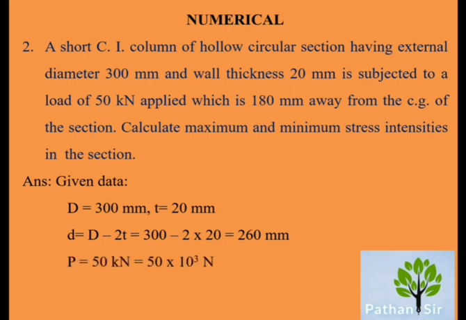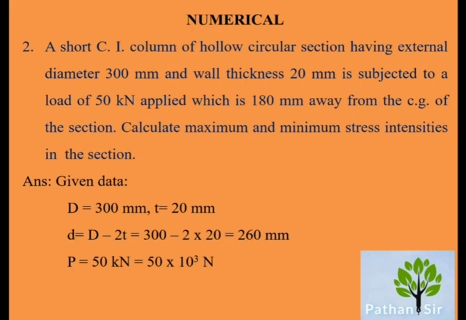Load is given as 50 kilonewton. So we will convert load into Newton. If load is given in kilonewton, multiplied by 10 raised to power 3, it is converted into Newton. So load is equal to 50 into 10 raised to power 3 Newton.